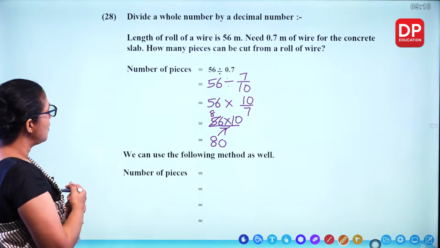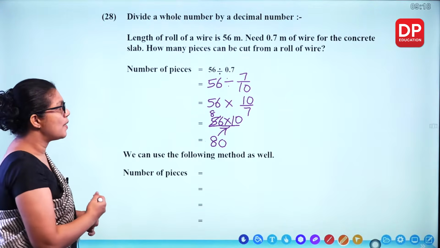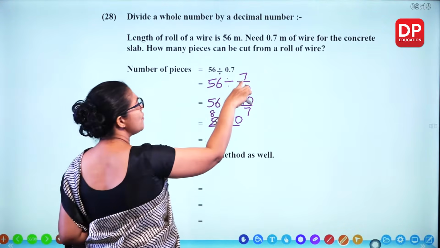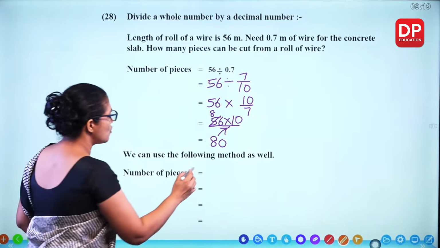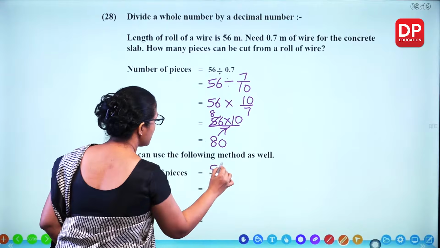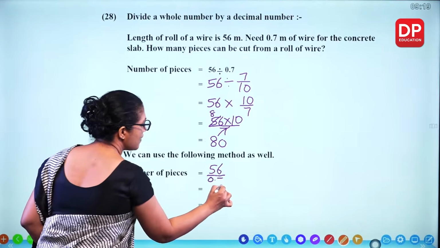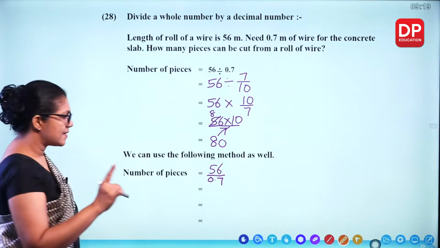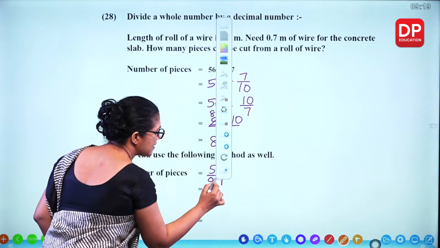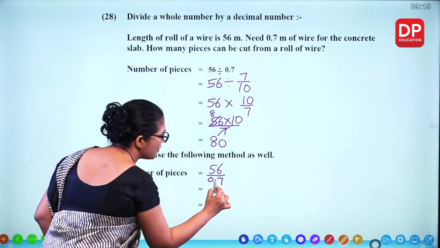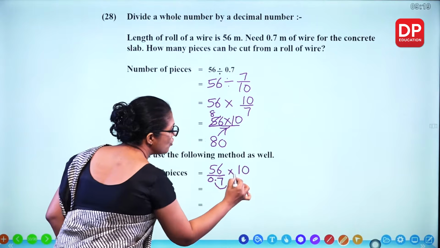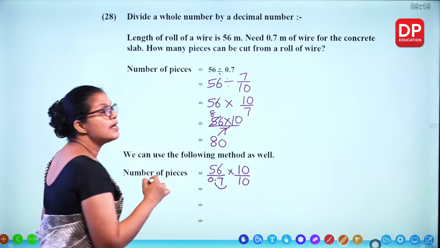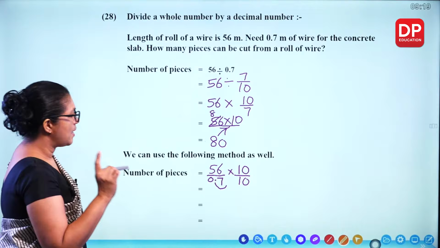We can use the following method as well. Now we convert this to a fraction, but you can use another method easily. So what we do, this is 56 divided by 0.7. So look at the divisor. One decimal place is there. So you can get rid of that by multiplying this by 10. So you do the same thing for the numerator. Multiply by 10.